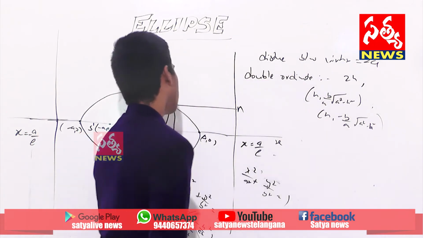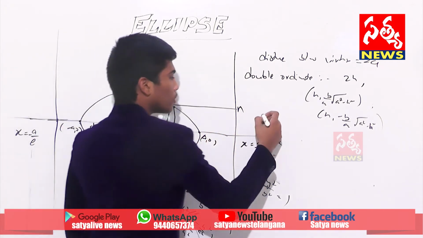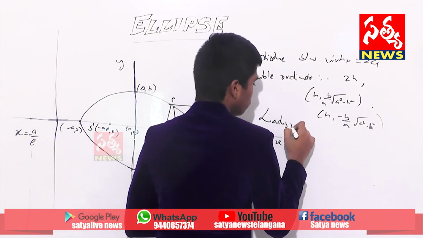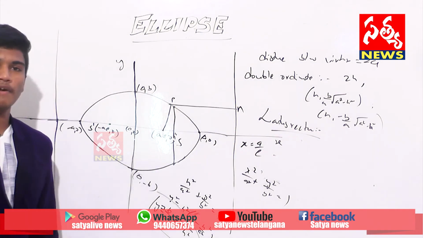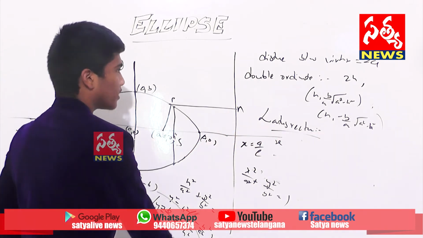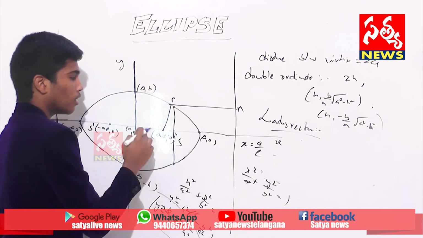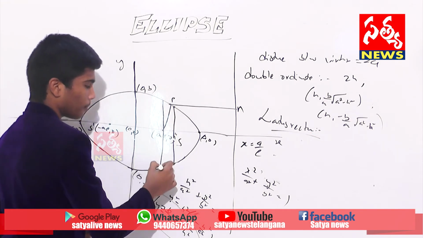Okay, this is a double ordinate, and here comes the latus rectum, which is very important. We have discussed latus rectum in the parabola also. Latus rectum is a double ordinate which passes through the foci.